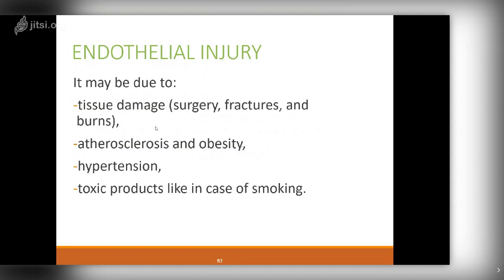Also, atherosclerosis, if you remember from our lecture number 2, it is a disease that is characterized by deposition of cholesterol, and obesity as its risk factor also damages endothelium due to deposition of cholesterol and lipoproteins. Hypertension affects endothelium due to physical damage. And toxic products, like in case of smoking, absorption of them in blood provokes damage of endothelium.